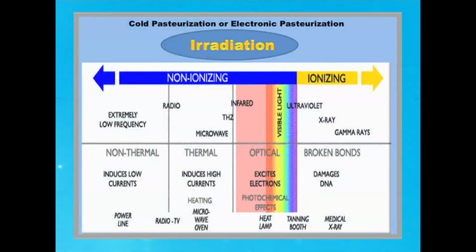The process of food irradiation is also called cold pasteurization or electronic pasteurization, because this pasteurization takes into account not the heat but the electromagnetic wavelengths, and this takes place in the absence of heat, and therefore this is cold pasteurization or electronic pasteurization.